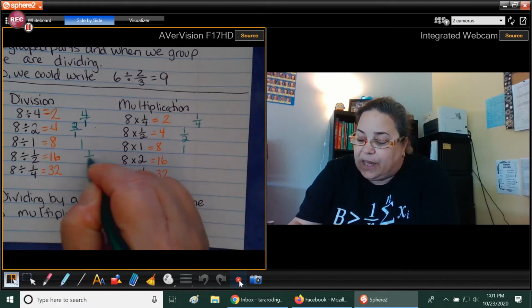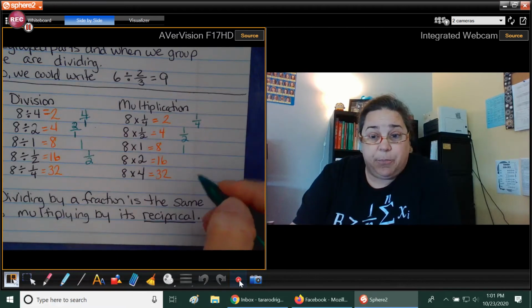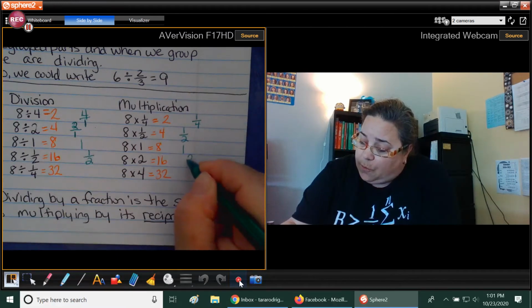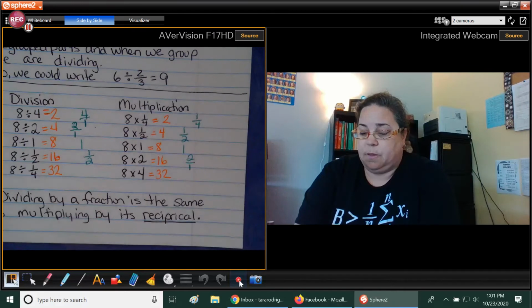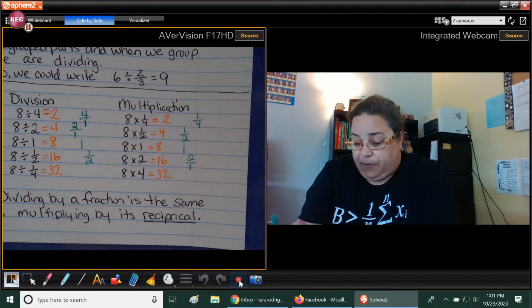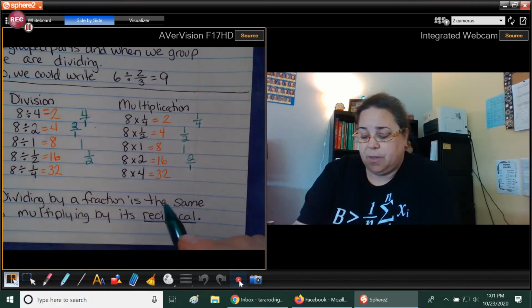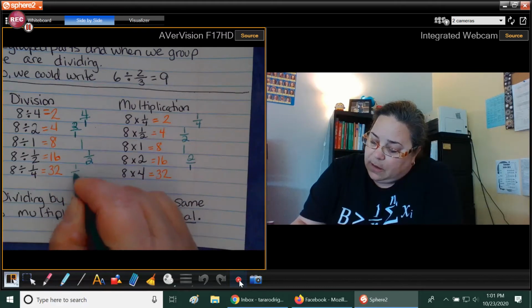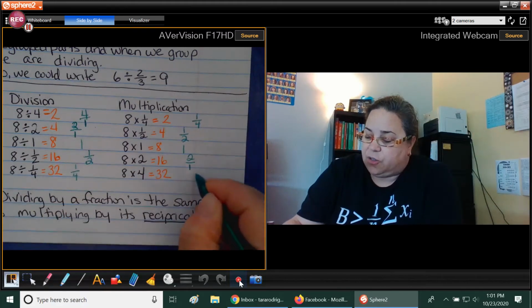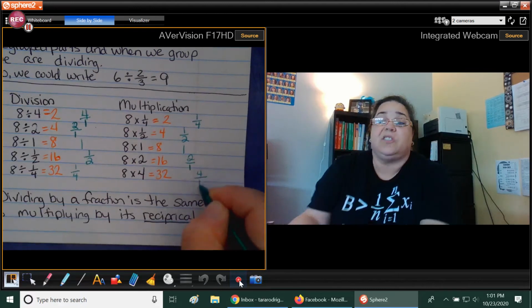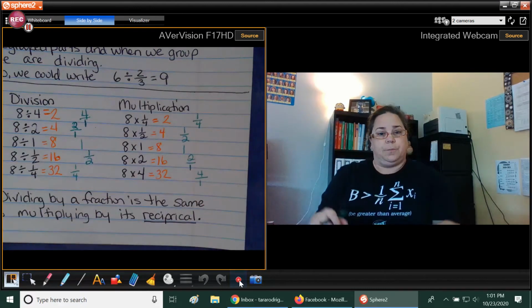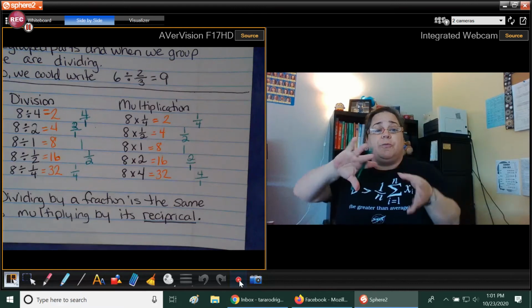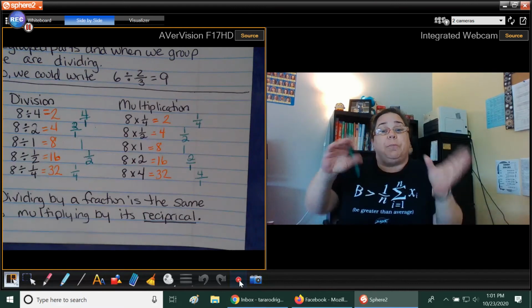If I flip it, the reciprocal becomes 2 over 1. So it flipped. It turned upside down. Same thing over here. 1/4. If I flip it, it turns to 4 over 1, which is the same thing as saying 4. Okay, so that's a reciprocal, flipping a fraction upside down, or flipping a number upside down.